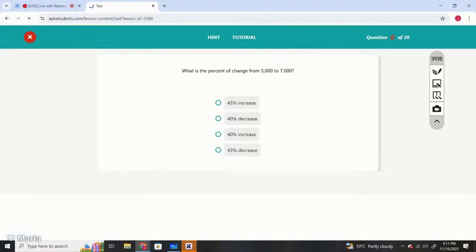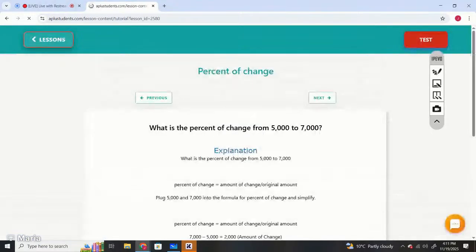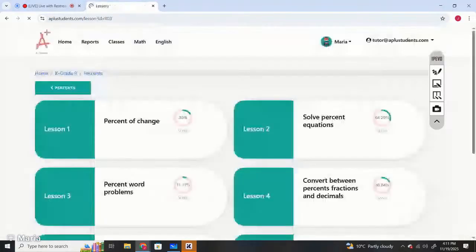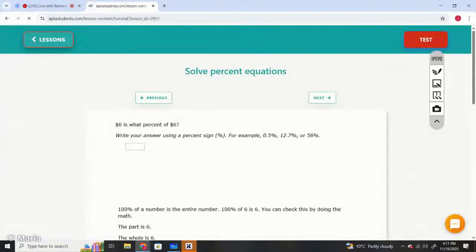Okay, you can complete the lesson by yourself later today. Let me just move on to next lesson. The next lesson is solve percent equations. $6 is what percent of $6?